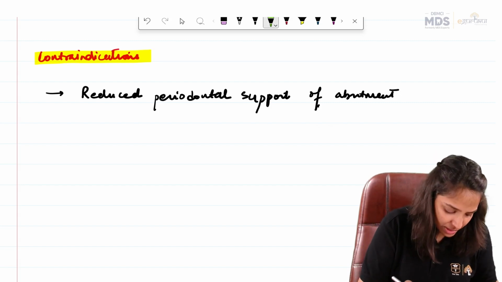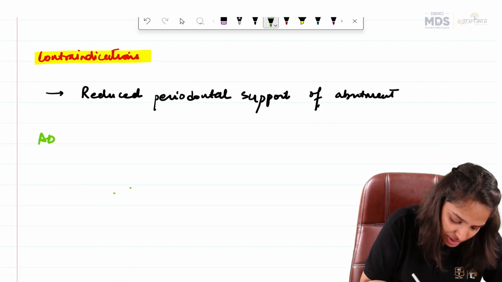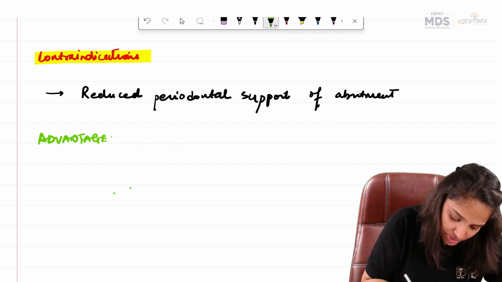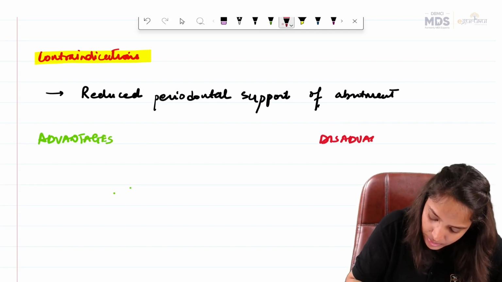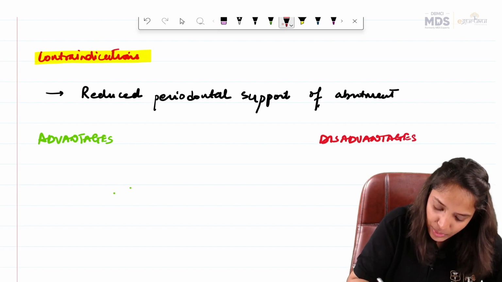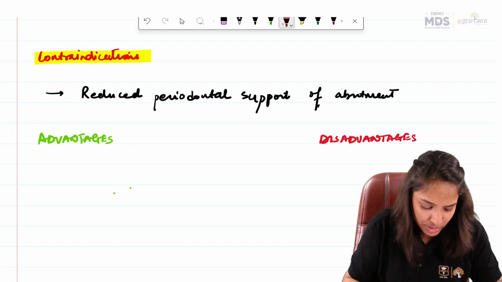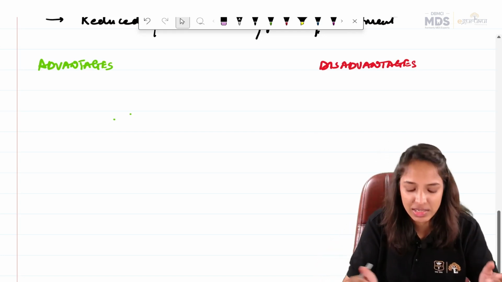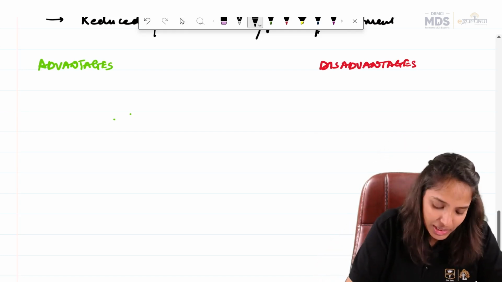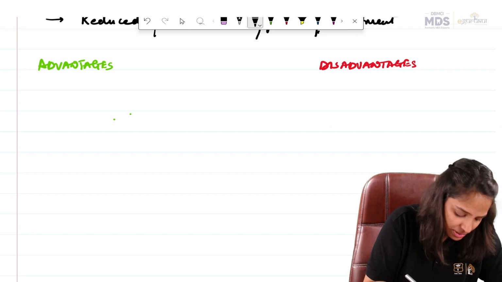Now let us see advantages and some disadvantages of AP bar. Here I would like to bring you back to your previous topic of single palatal bar and remember its disadvantage. The disadvantage that will be applicable over here also.